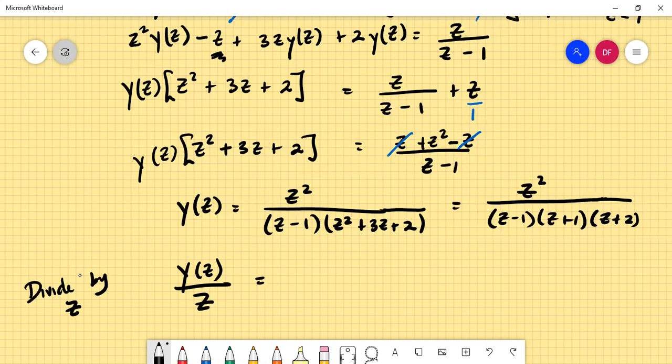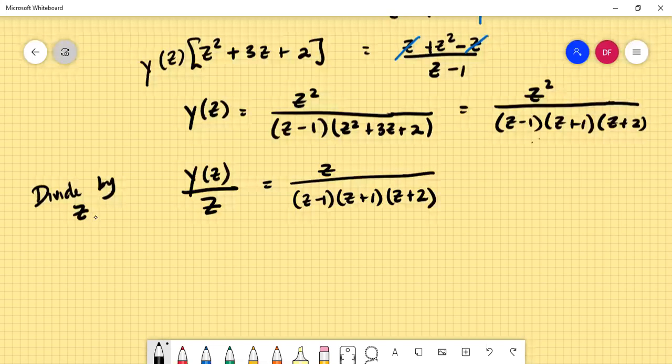So if I divide this right hand side by z, then that is going to be z, because one of the z's in z squared is going to cancel, over z minus 1, z plus 1, z plus 2. And that is what we are going to split into partial fractions.